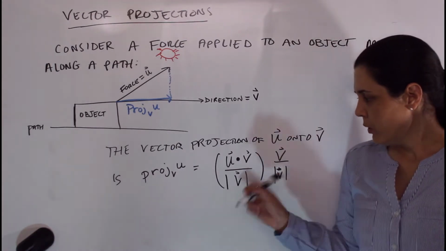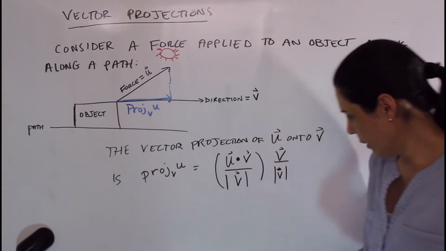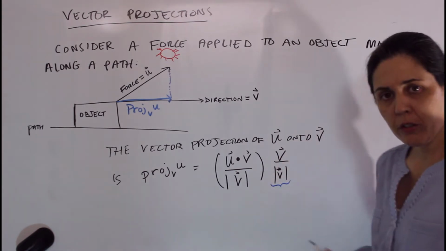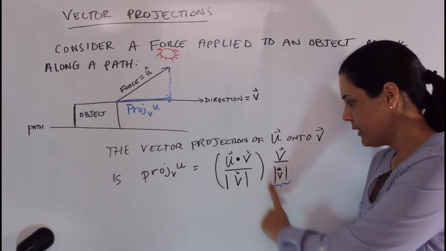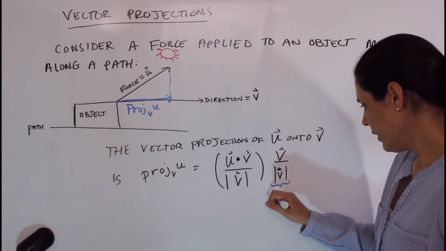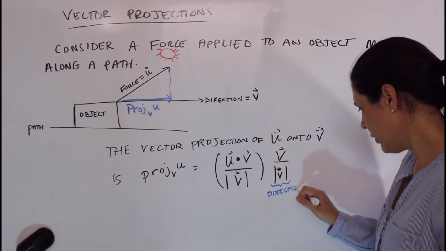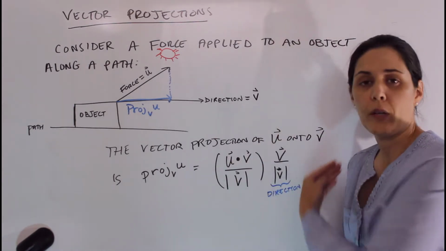Now, this one I want to point something out to you because we've seen this in the past. The way that this is written, if you recognize this, this is the unit vector in the direction of V. So this just represents the direction. When you take a vector and you divide it by its own magnitude, it's giving you a unit vector in that direction.